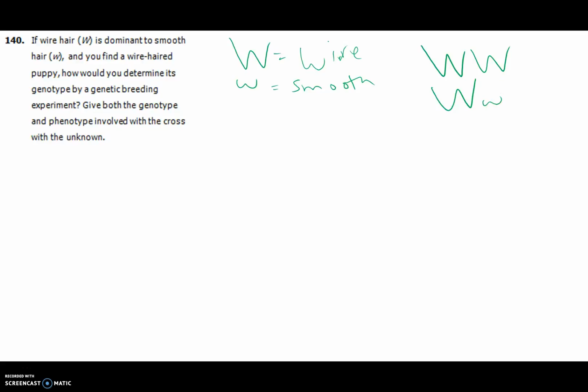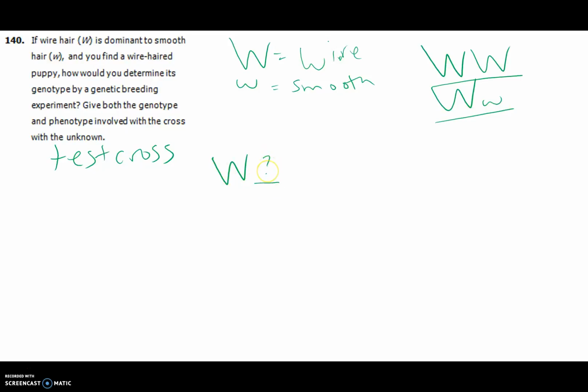Now, how would you determine its genotype by a genetic breeding experiment? Give both the genotype and the phenotype involved with the cross of the unknown. So this is what we call a test cross. In a test cross, we don't know if the puppy we found is homozygous dominant or heterozygous. So we're going to take the unknown.